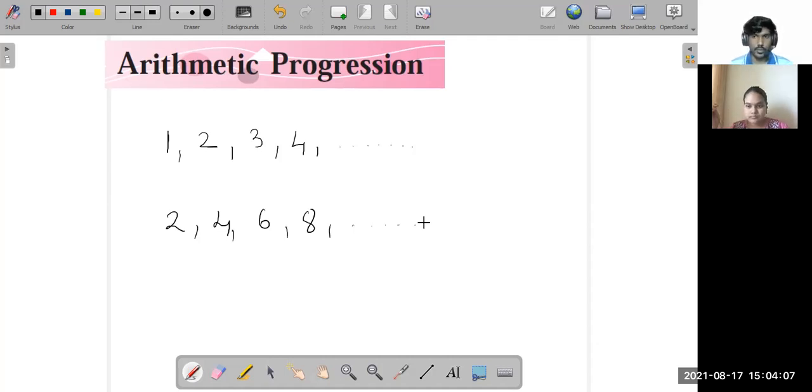Yes, it is a sequence, even numbers. Similarly, you can write odd numbers, 3, 5, 7, and so on. This is also a sequence. Any particular order that is followed, those terms will be called a sequence. Now, there will be some pattern between the terms of each of these sequences.